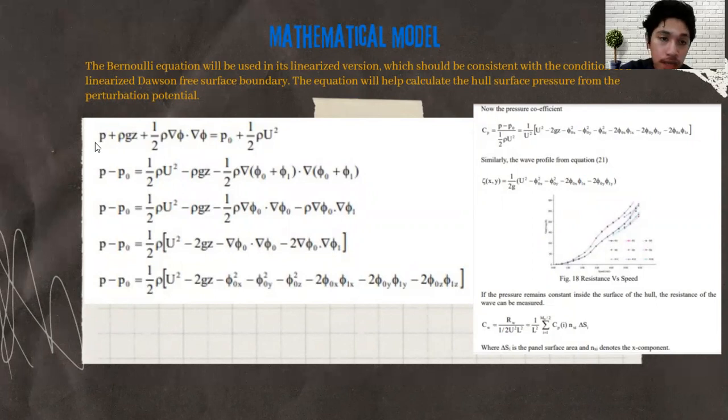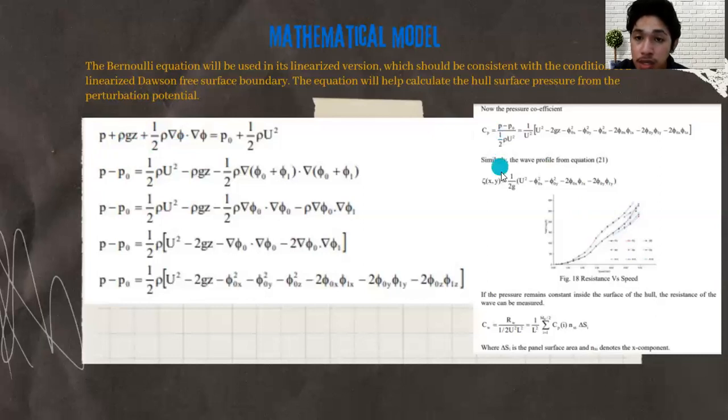So we get this mathematical model as P for pressure plus rho g z and then plus half of rho nabla phi dot nabla phi, etc. And then we get the pressure coefficient, or the CP.